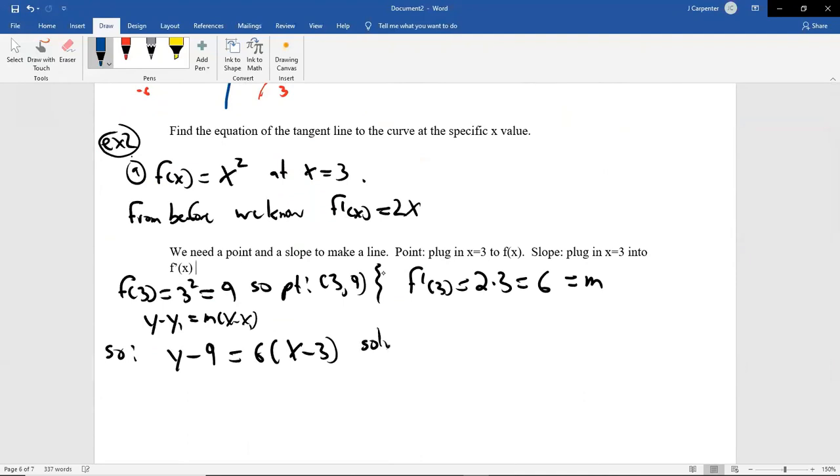Then we take this and solve it for y to get it in y equals, which is slope-intercept form, and that's the best form of a line, most people would argue. So that's y minus 9 equals 6x minus 18, distributing that, adding 9 to both sides.